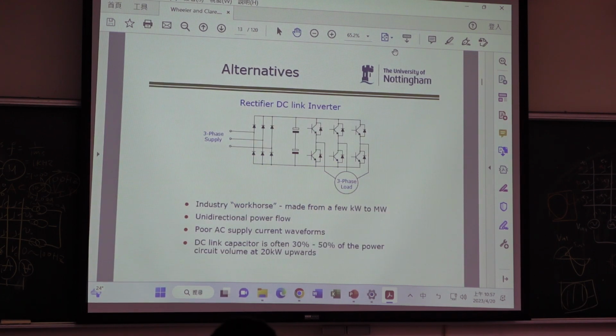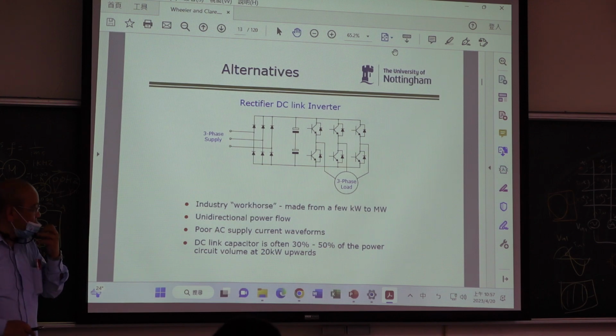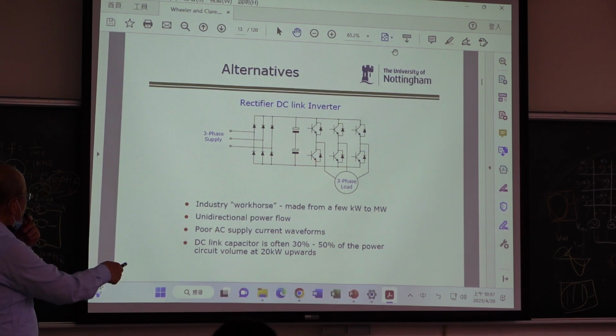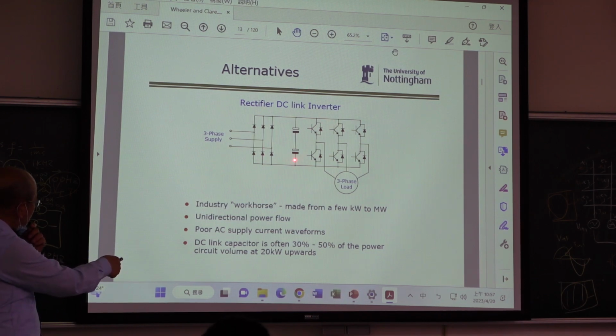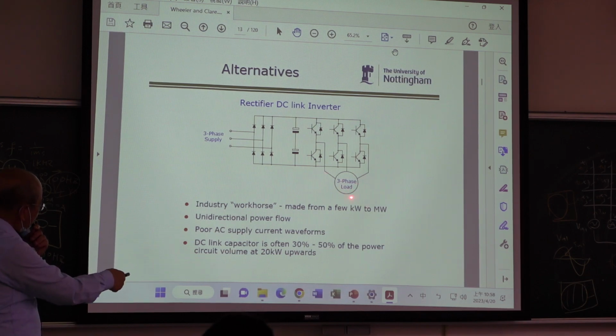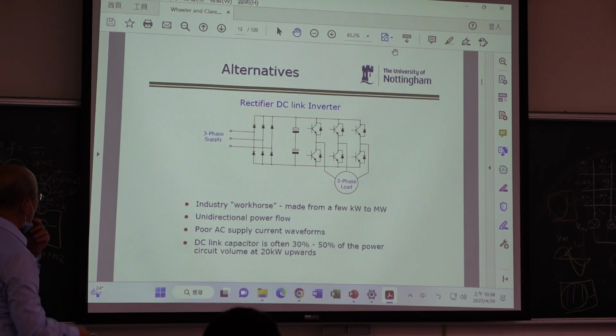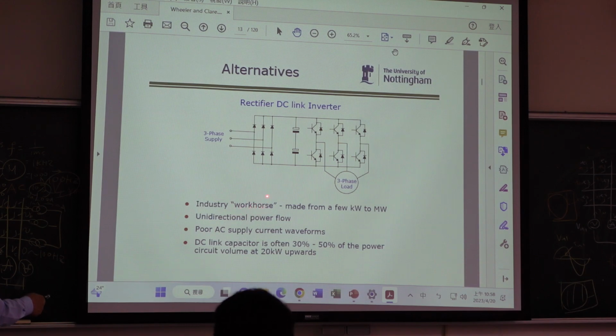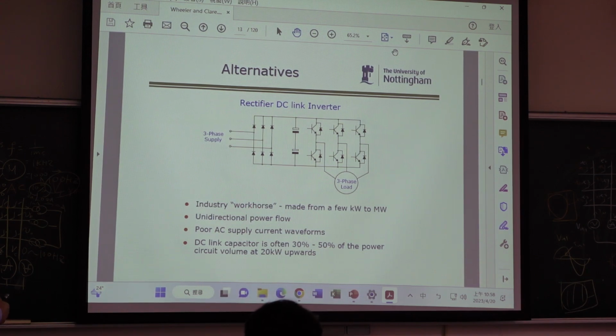So if we do not use a matrix converter, what can we use? We use the traditional inverter. So AC is rectified to DC, DC to AC. So this is the traditional inverter. What is the traditional inverter? We call it the workhorse. What is a workhorse?